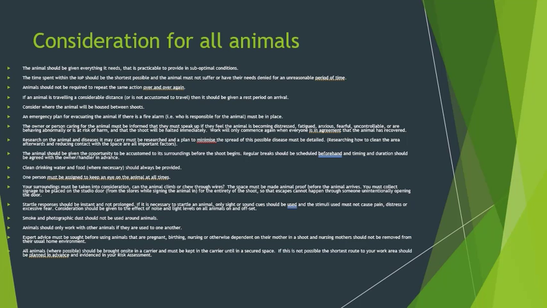So there are some general things that you need to consider when you're bringing an animal in. There's a section here that you can read through at your own leisure, for you to be able to start thinking about whether what you have in mind is actually going to work within a studio setting.